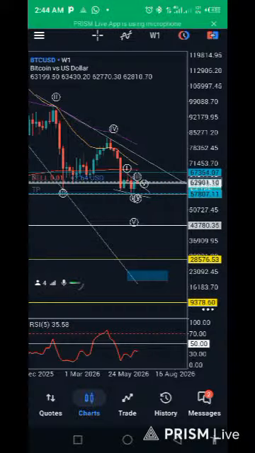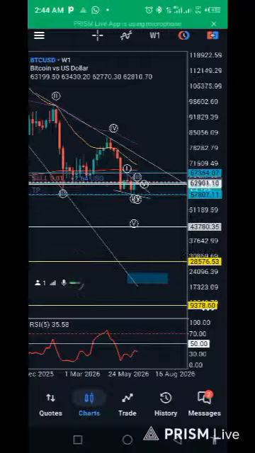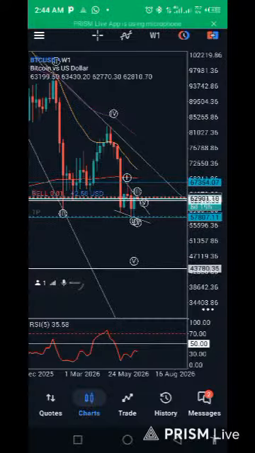But the biggest wave will happen soon, because after this wave is over, the third wave, which is the longest wave that has never happened in the history of Bitcoin, is going to happen.